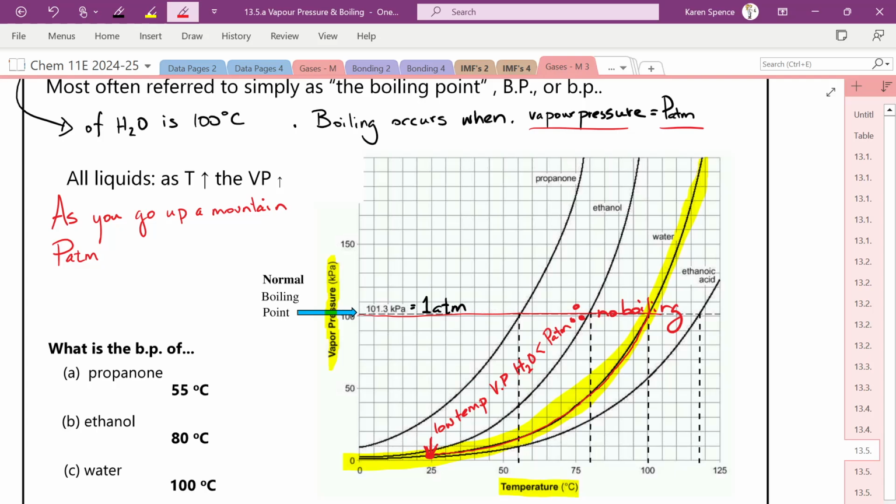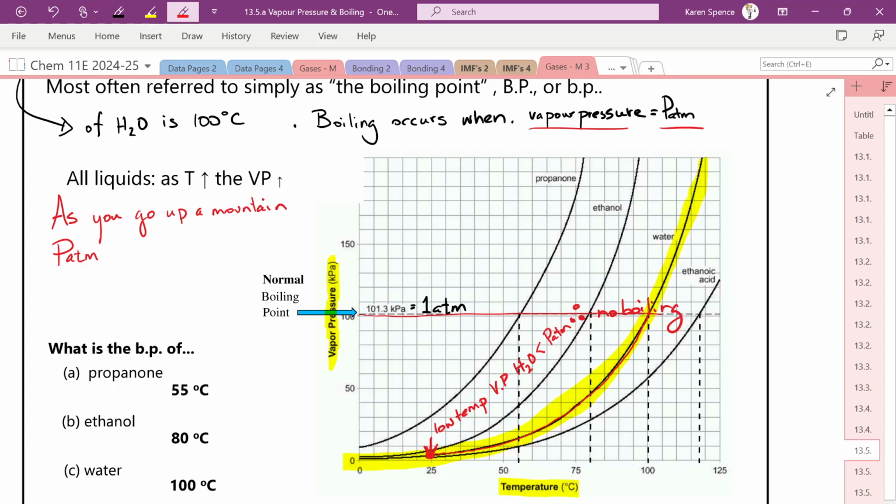Sorry. What is atmospheric pressure? Yeah, it's the pressure pushing down. And what is that pushing down caused by? Air. All the air from the ground all the way up to the top of the atmosphere. Yes?